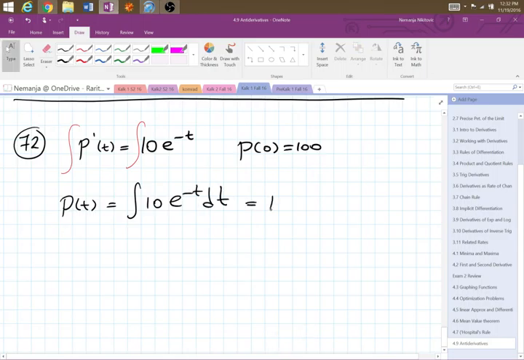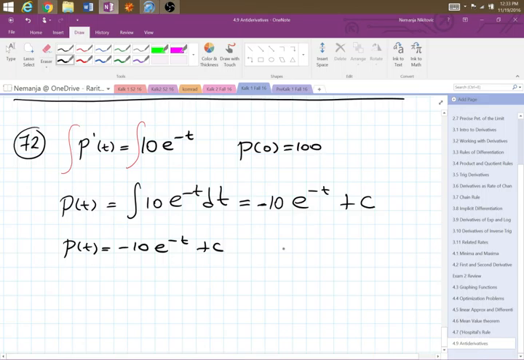So copy the constant. What's the integral of e to the negative t? Yes. So it's going to be e to the negative t with a negative. Kick that negative out. And then we have plus c. So we found that p of t is negative 10 e to the negative t plus c.